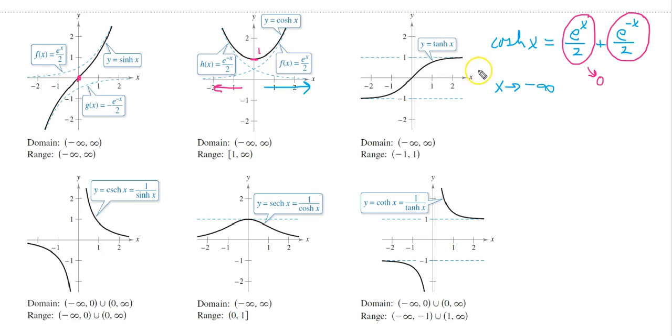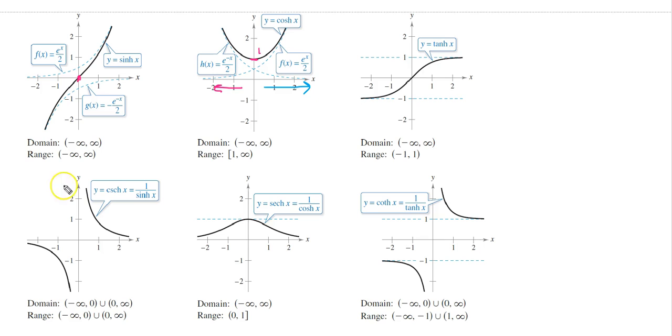Now the graph of tangent we can analyze like this. Now you notice the graph of the hyperbolic tangent looks like this. And notice it has limiting values at 1 and -1 as you move towards positive infinity and negative infinity.